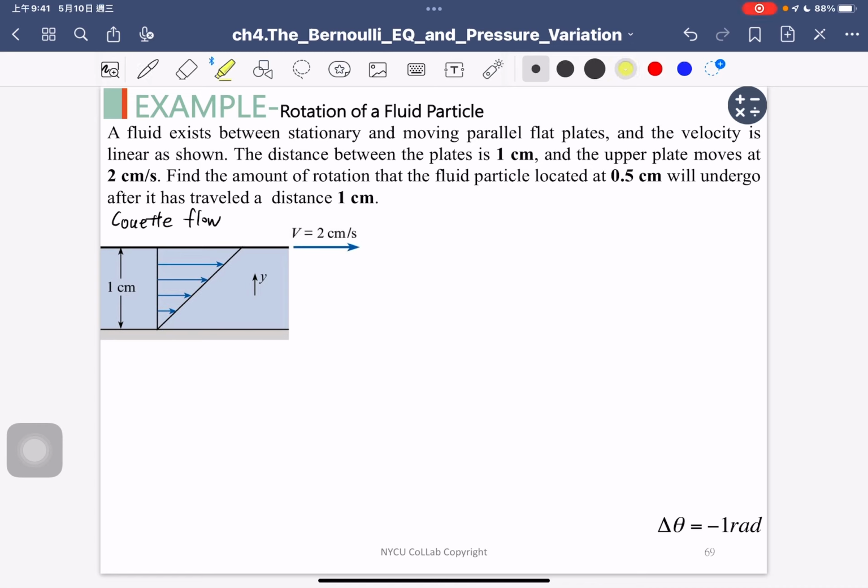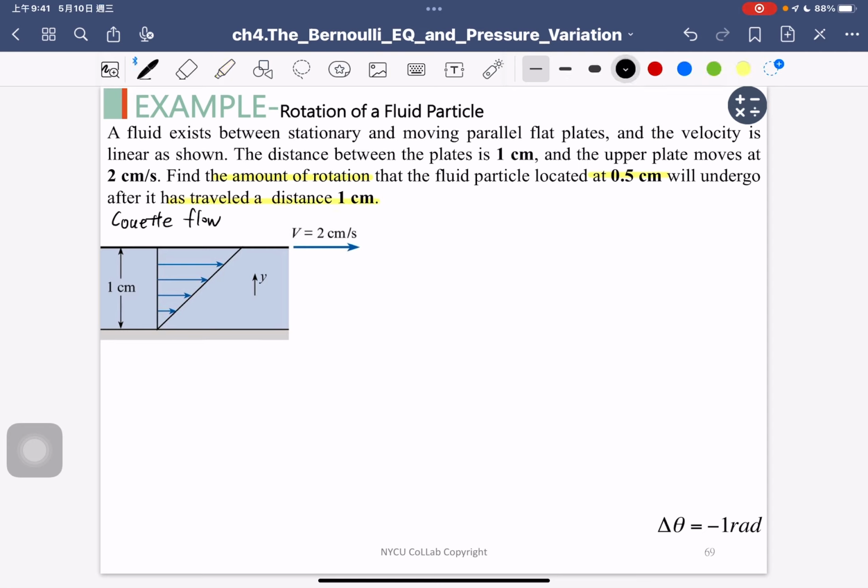The problem is we need to find the rotation angle at the location of 0.5 centimeter. And at this location, the fluid particle has already traveled a distance of 1 centimeter.